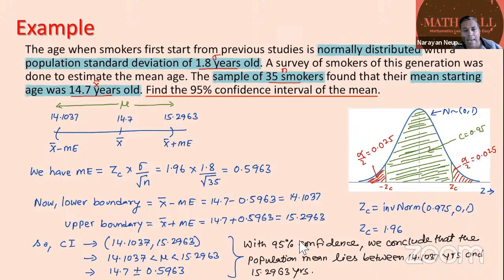So the true mean lies between these two values. That is the meaning of that. And we can say that with 95% confidence.